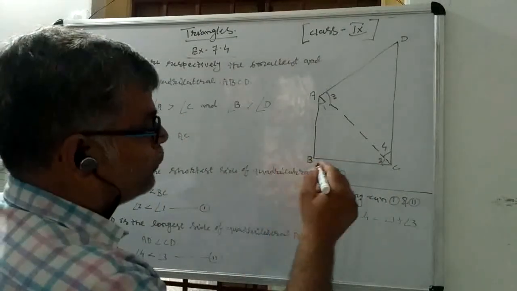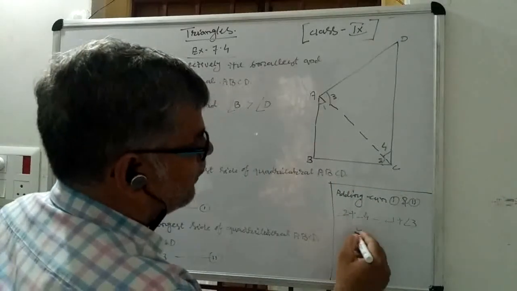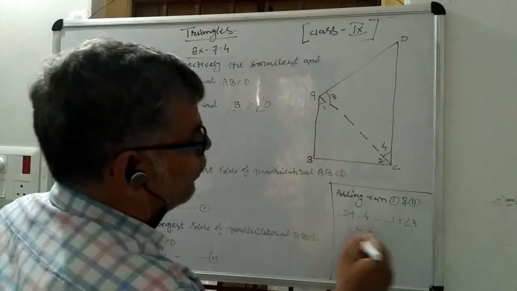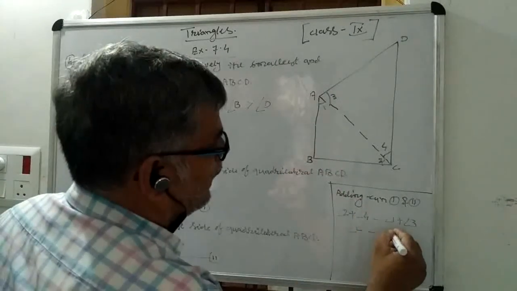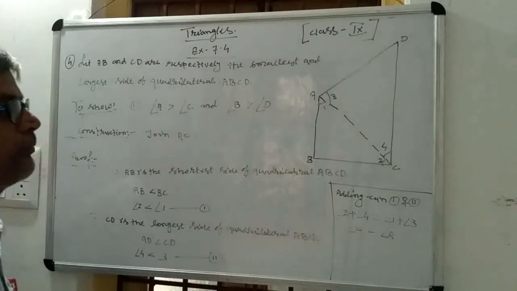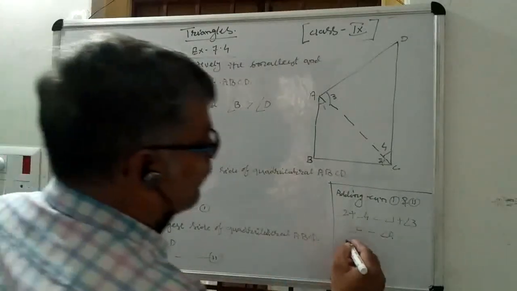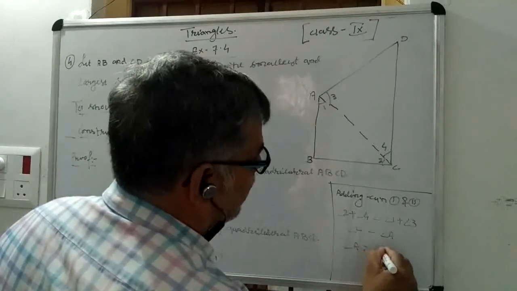Now 2 plus 4 will become angle C, which is smaller than 1 plus 3, that is angle A. So you may call angle A is greater than angle C.